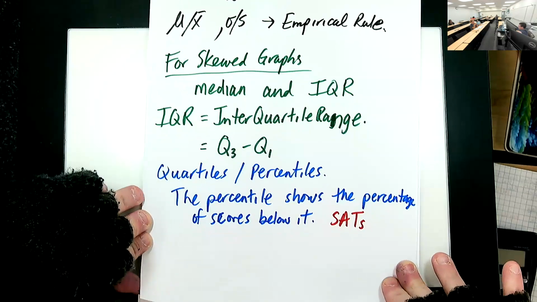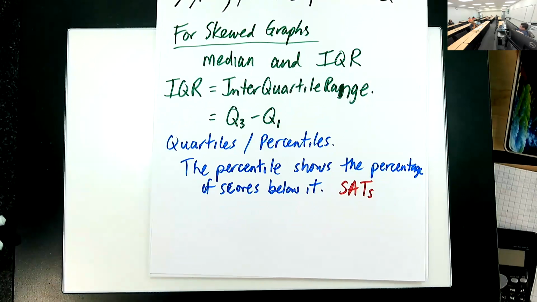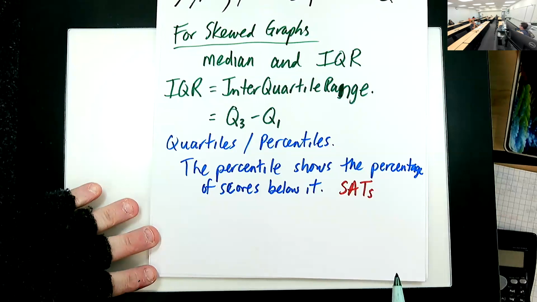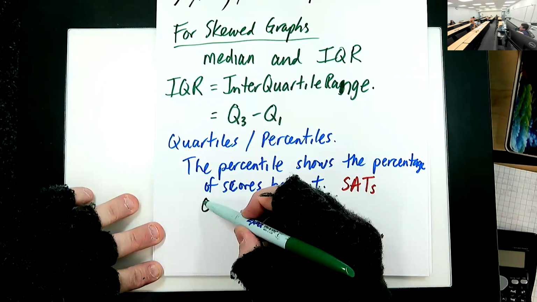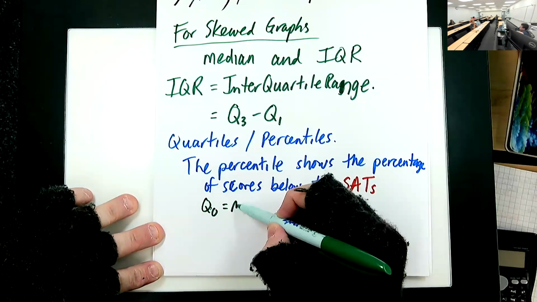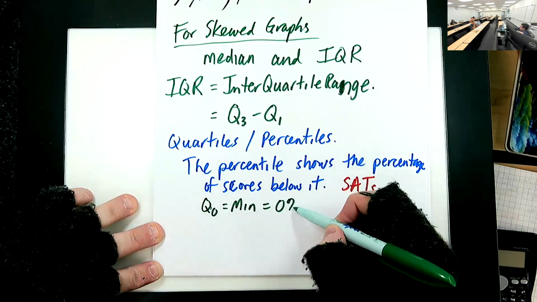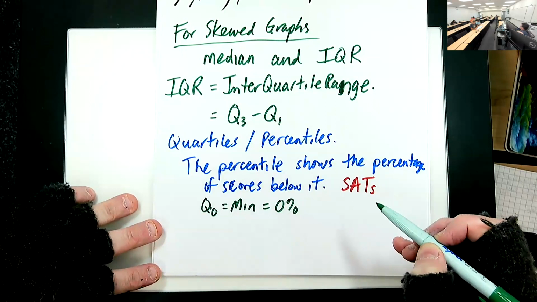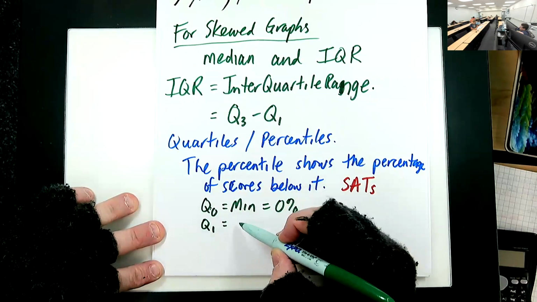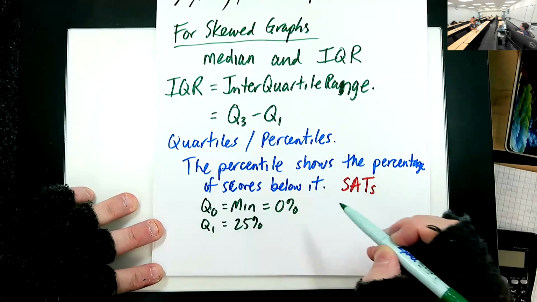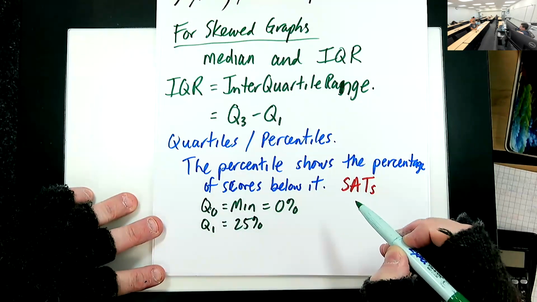All right, so quartiles are the same idea, but they go off quarters. Q0 would be our minimum score. It's the 0%. Nobody's shorter than you. Q1 is 25%. 25% of the people got a lower score.